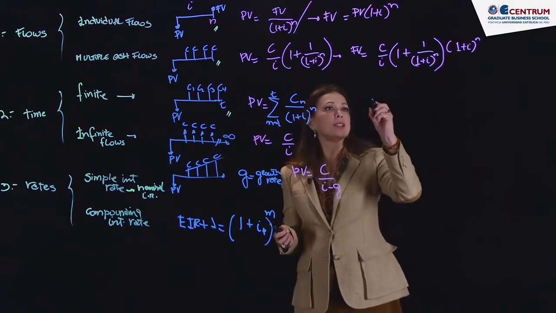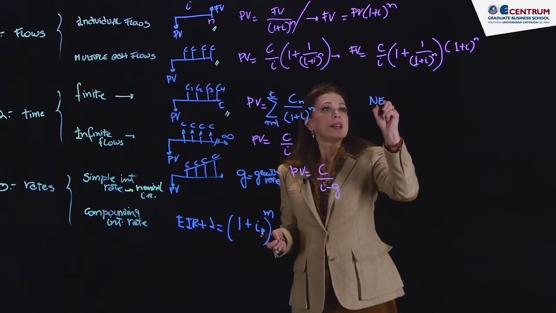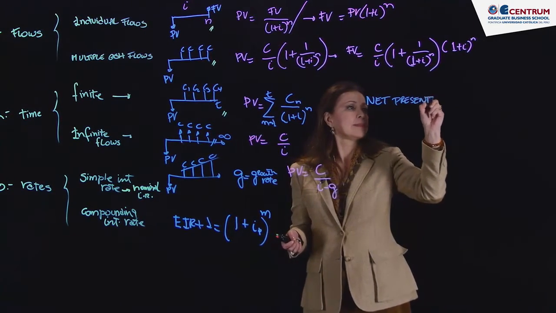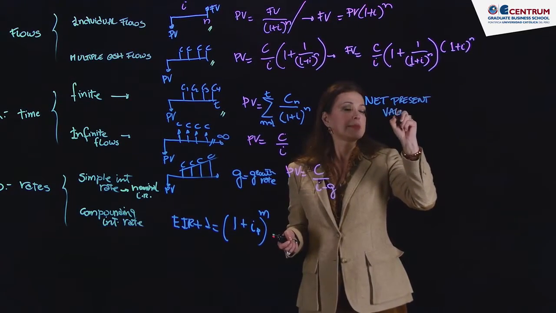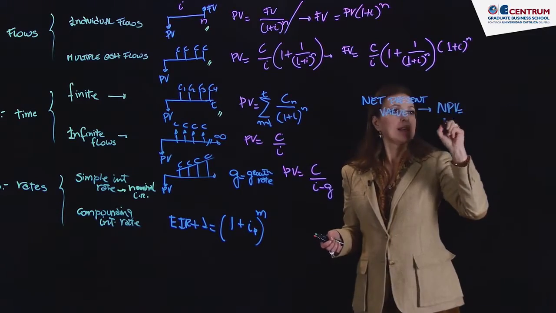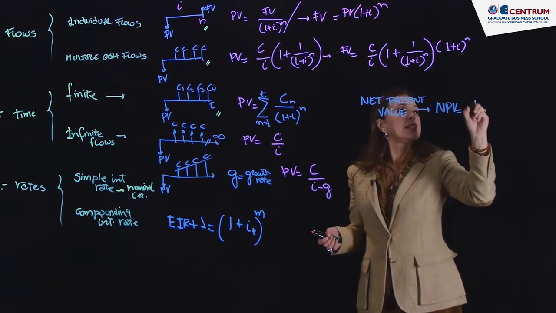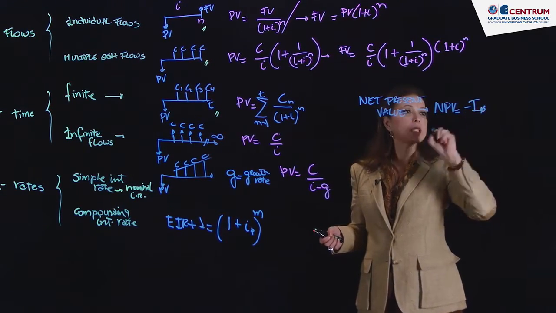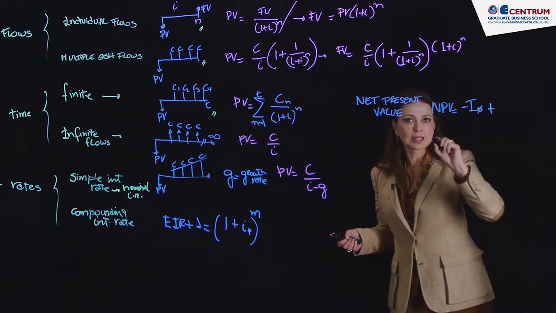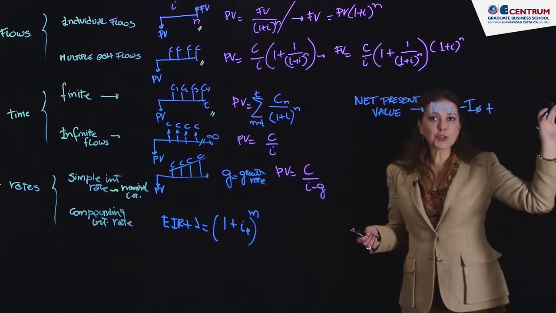The net present value will be the initial investment, usually with a negative sign, plus the present value of the future flows.